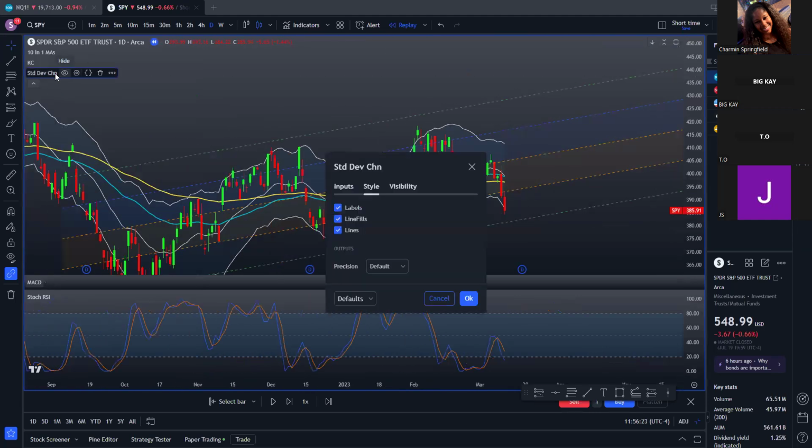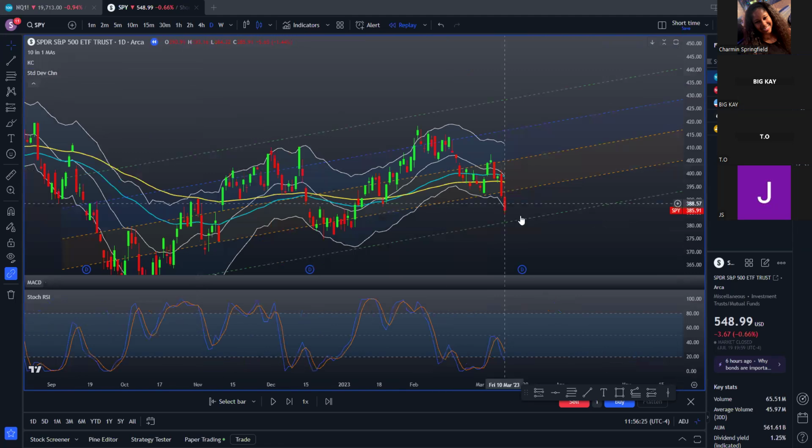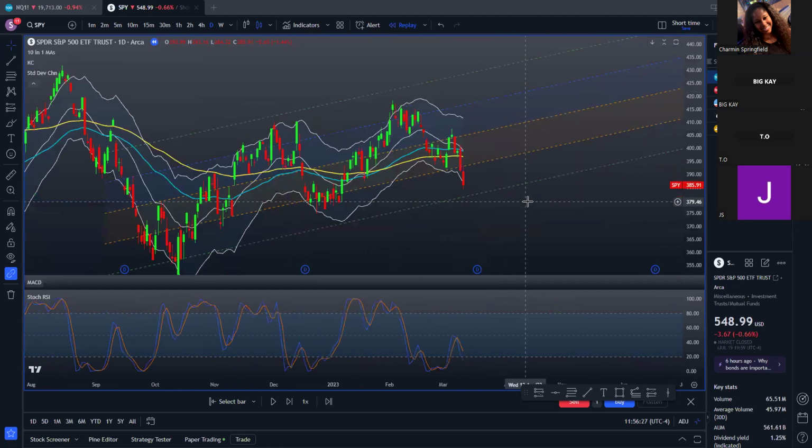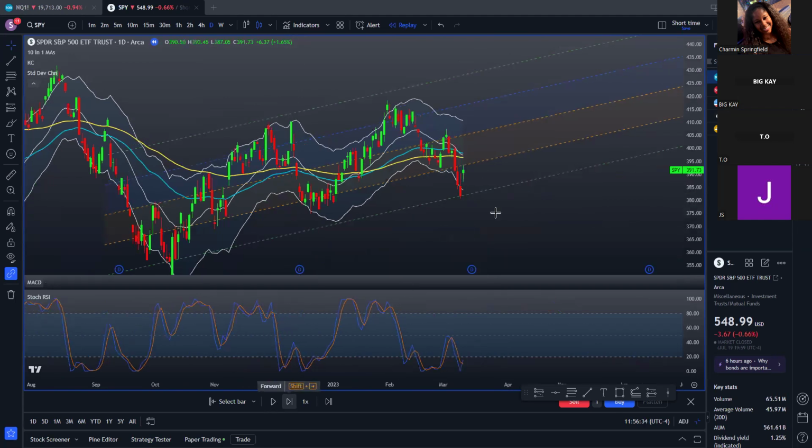Were they outside of like standard deviation 2 or 3 or close to it? I was happy to see that a lot of times we hit standard deviation 2, which gives us, if I'm correct, like an 80-something percent chance that this is going to revert back to the mean. Like, okay, cool. That's what's up.